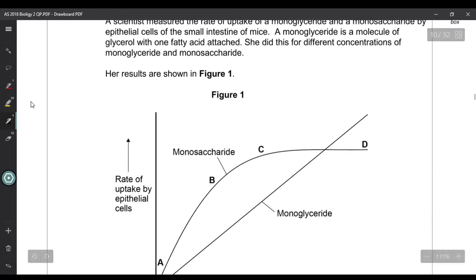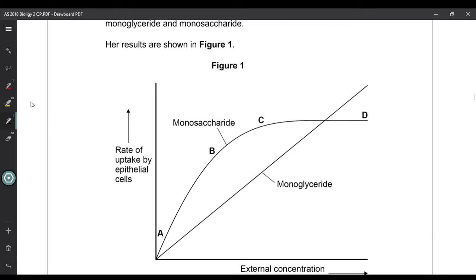So we're then given a graph to do with the movement of monosaccharides and monoglycerides, where we've got external concentration along our axis and the rate of uptake of either the monosaccharide or the monoglyceride by the epithelial cells.